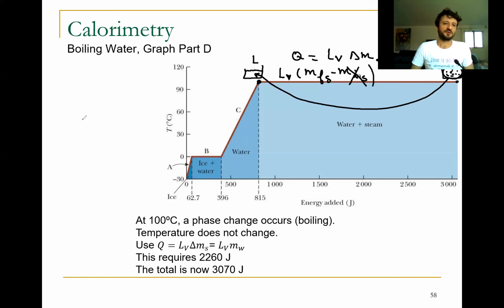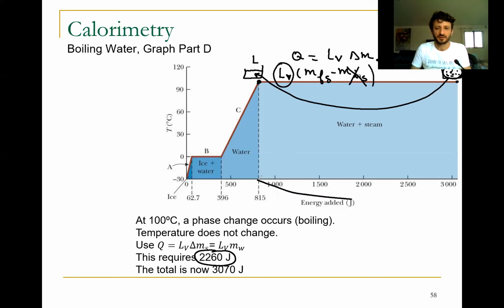So here, M final steam equals the mass of the liquid. And we have L_V from the table. You do the calculation, we have L_V delta M. The value will be 2260 joule.